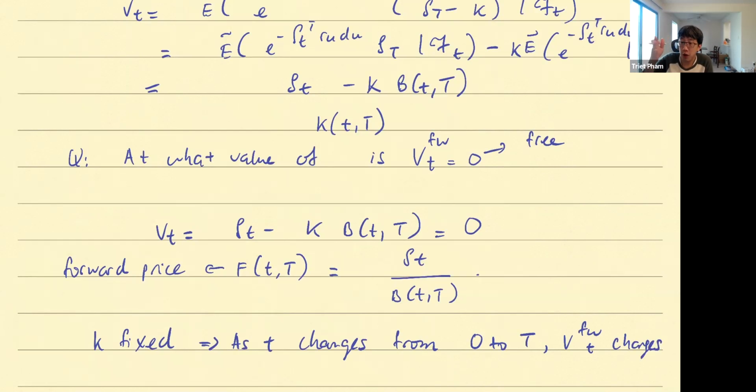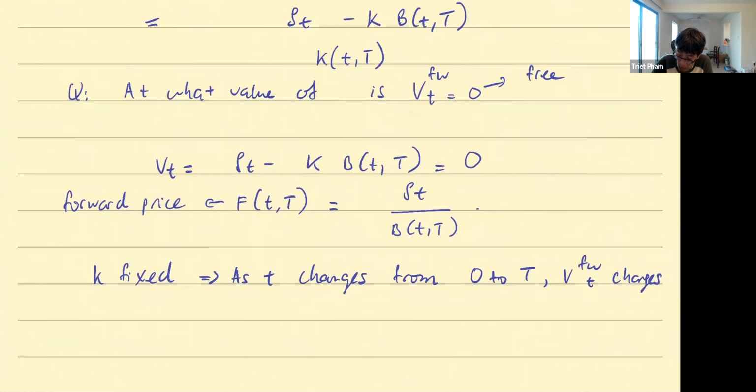If you fix a strike, the contract price will change as time changes. So you're tracking one single contract from time zero to maturity, which is, I admit, the most natural point of view. When you hear of a contract, that's what you think of. But that's not sophisticated financial thinking.